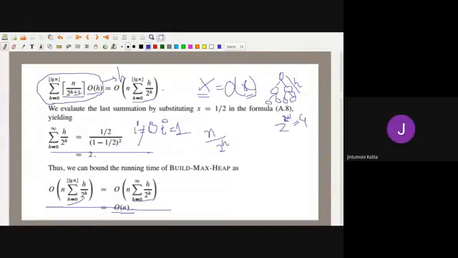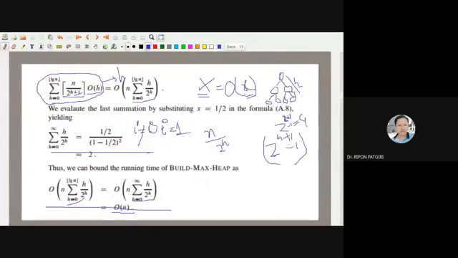2 to the power h plus 1, right? But sir, it's written n by 2 to the power h. In our case, what is happening is 2 to the power h plus 1 minus 1, right? Yeah, that is true.